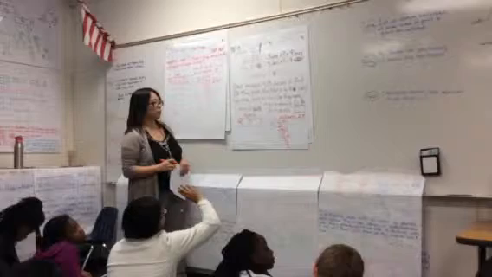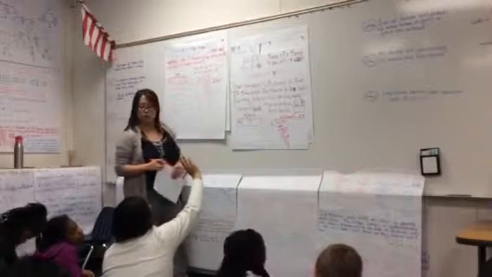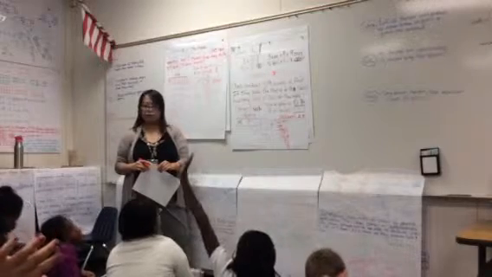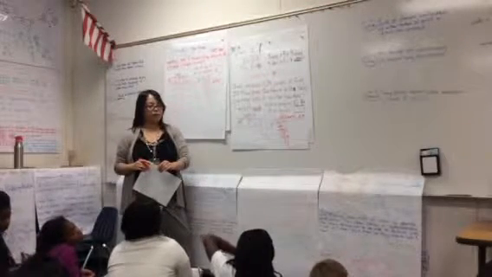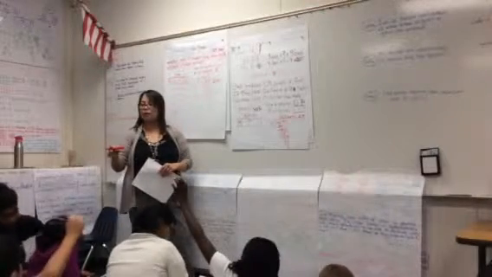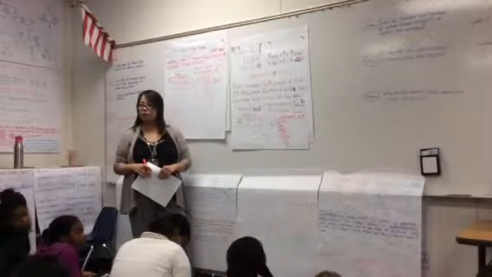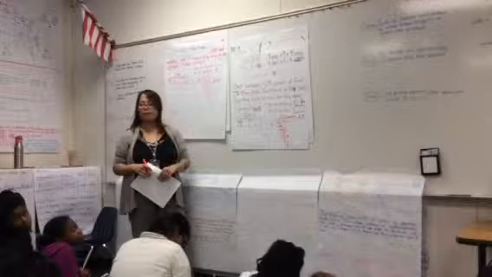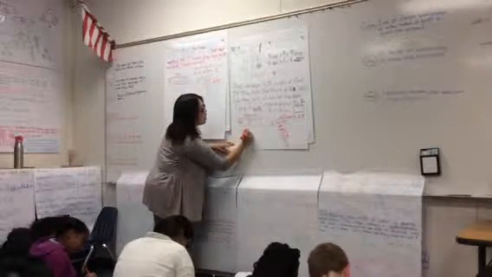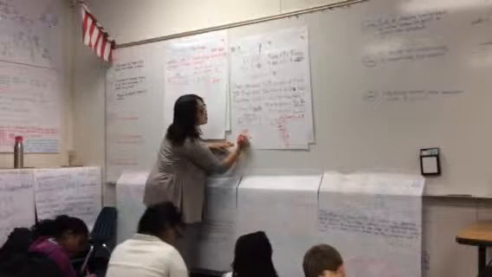So now, what should we do to double check our answers? Multiply. Okay. Who else could tell me? Calvin? Times what? 698 times 6.